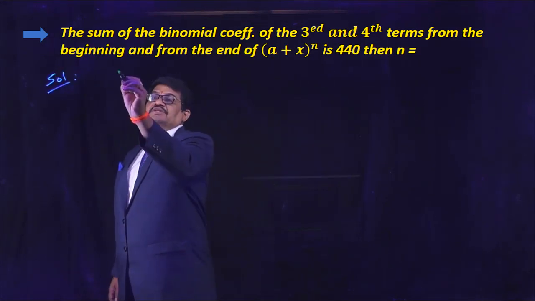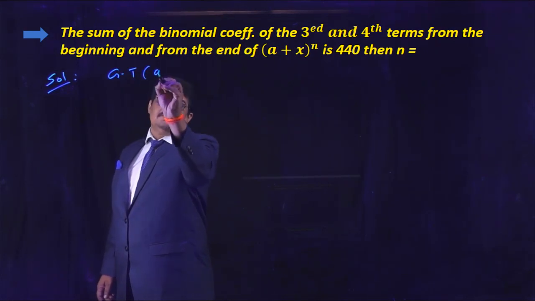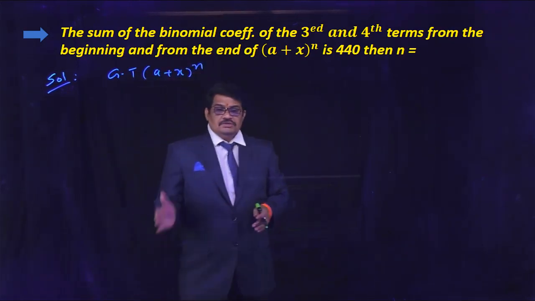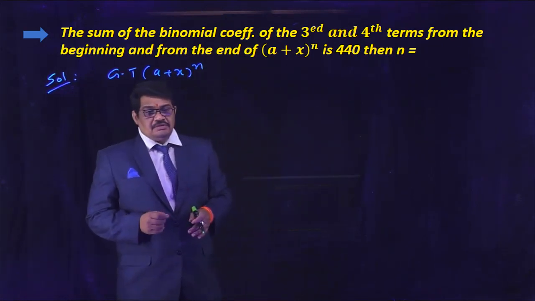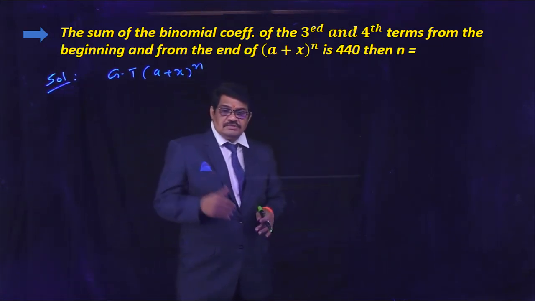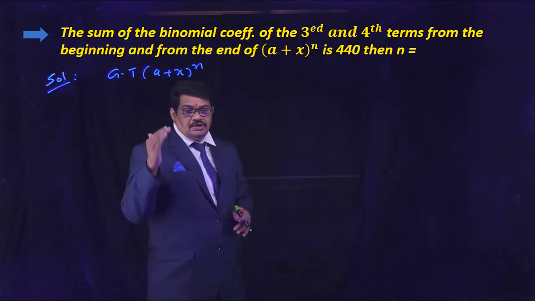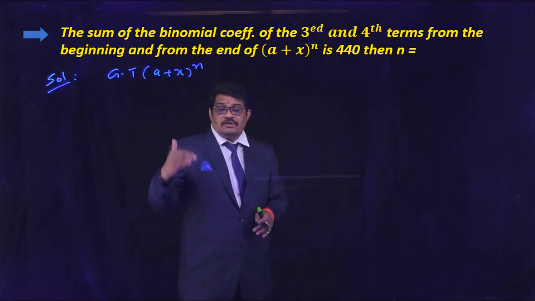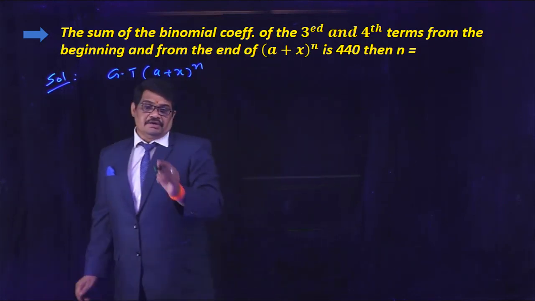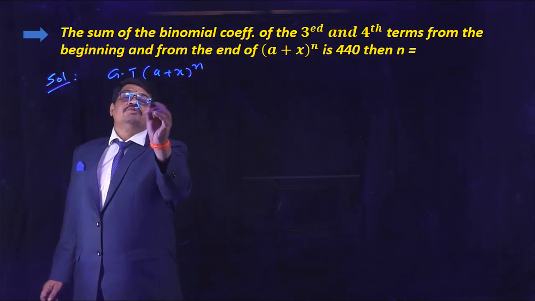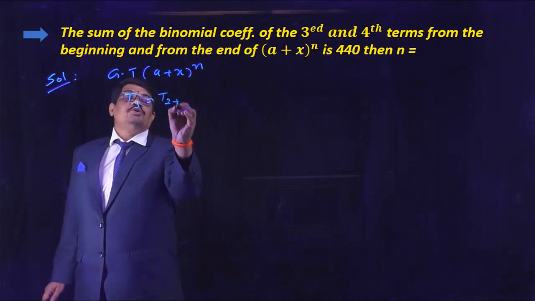Here the given expression is (a plus x) whole to the power of n. In that expansion, we take the sum of the binomial coefficients of the third and fourth terms from the beginning. Now we are writing T3 and T4. What is T3? That is T2 plus 1.